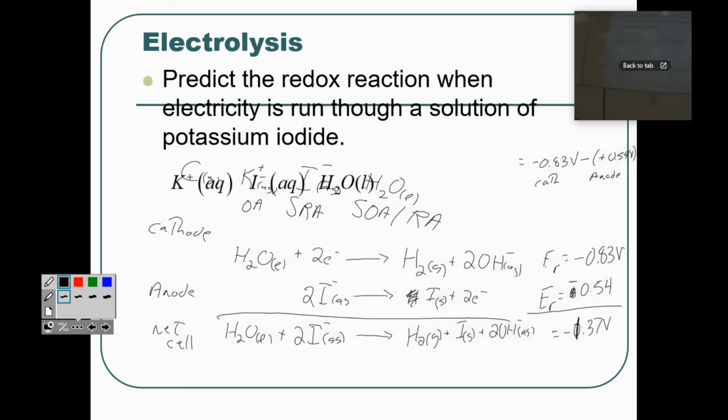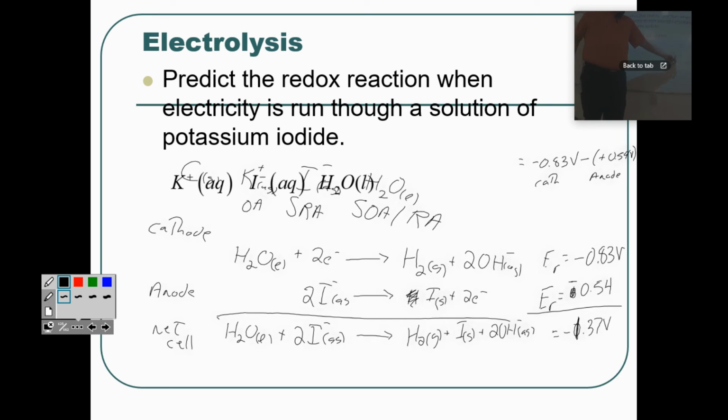The pH would increase. At which electrode would you see the greatest change to start with, the cathode or the anode? We're creating the hydroxide ions at the cathode, so that's where you're going to see that pH change to start with.